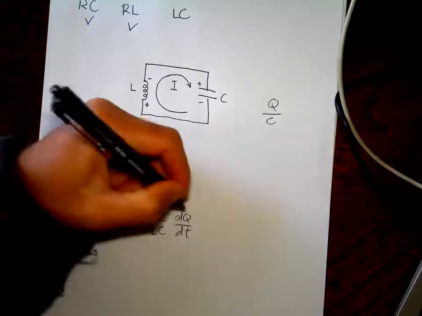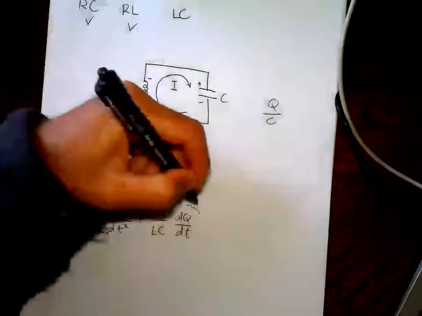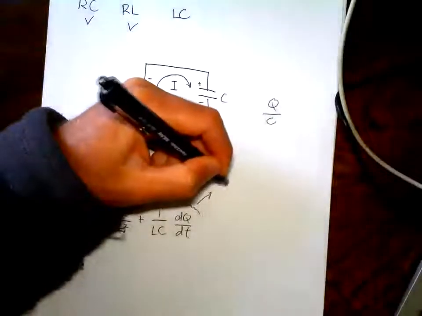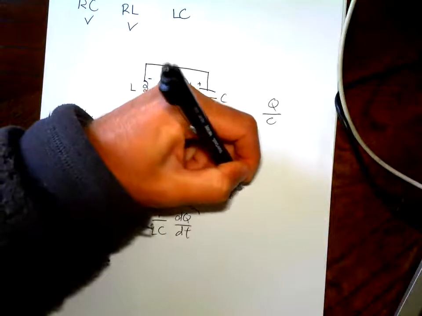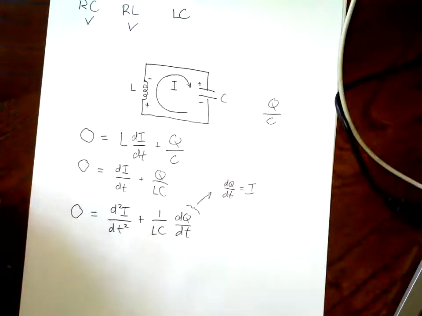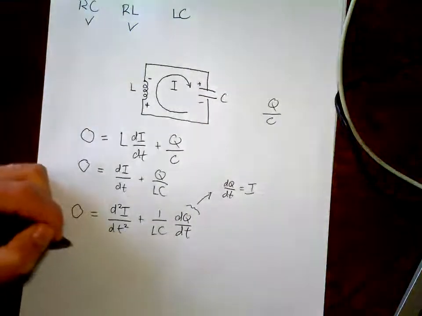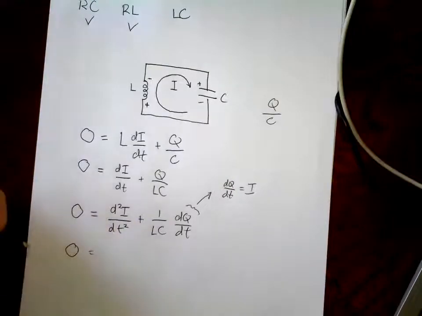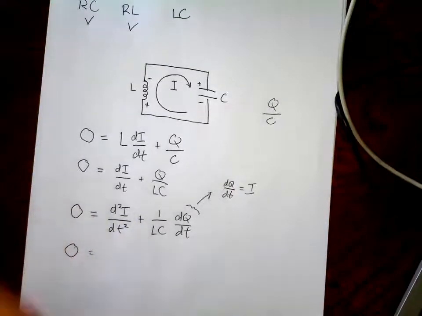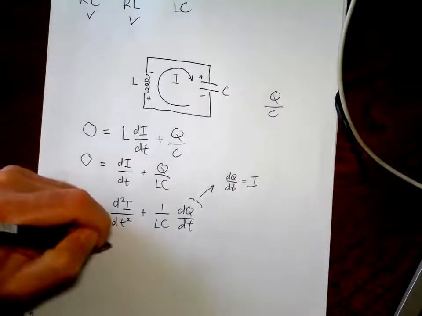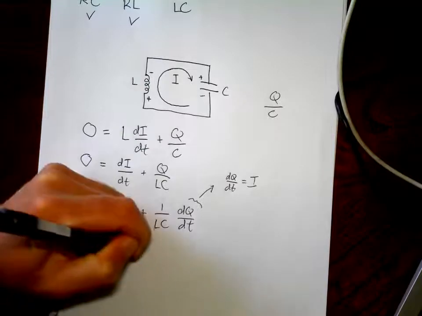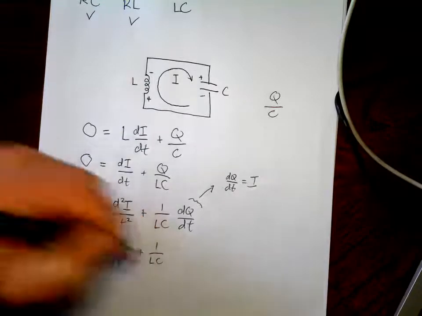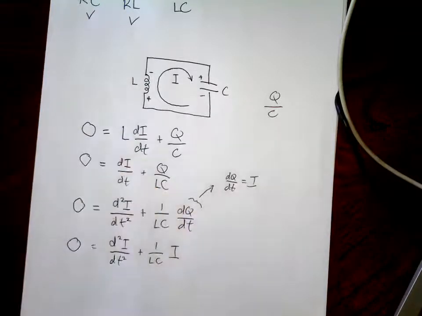You might recall that dq/dt is the rate of charge flow, which is just the current. So the equation that describes the LC circuit is d2i/dt squared plus 1 over LC times I equals 0.